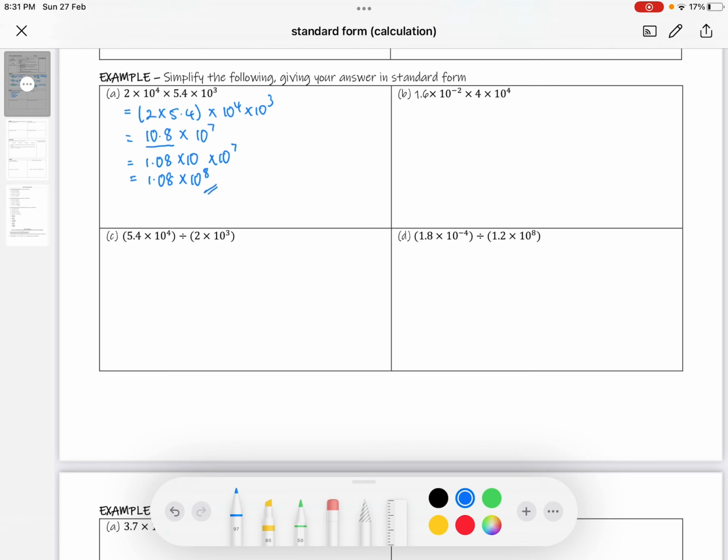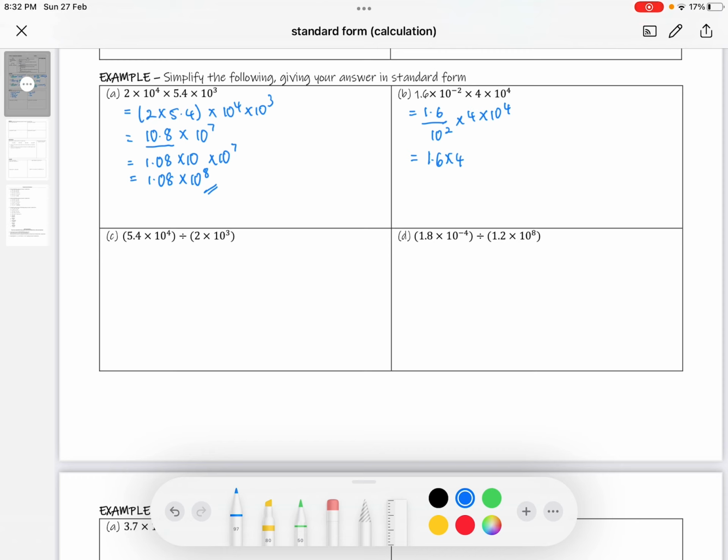I hope that you do get the same solution. If not, please check where you went wrong. Okay, so again with the minus, I can rewrite that in fraction form, and then simplify.